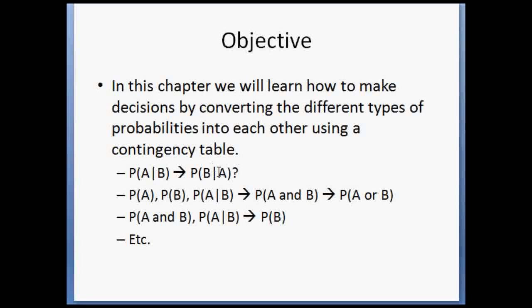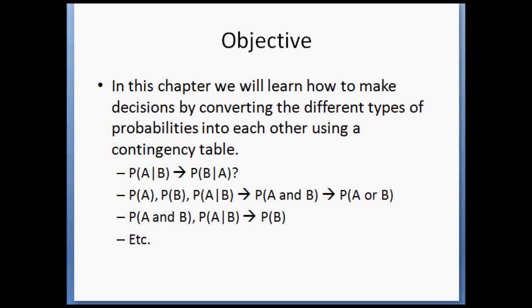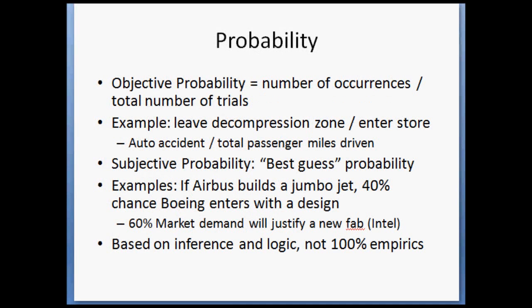Can I turn things on its head, right? Can I recover joint probabilities from marginal and conditional probabilities, and so on. So we're talking about just a general skill set to take probabilistic information and express it in meaningful ways.